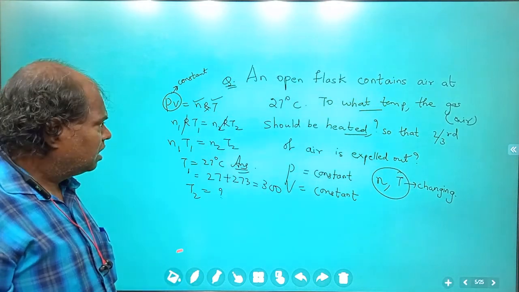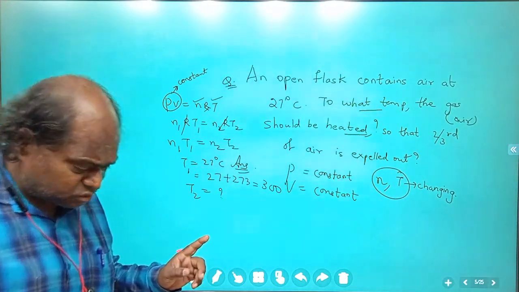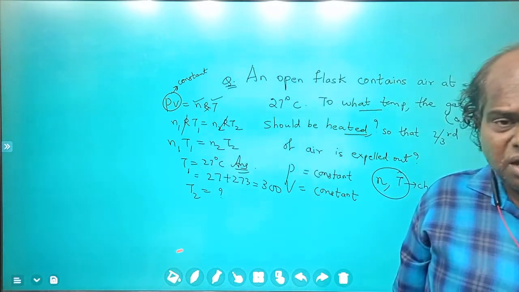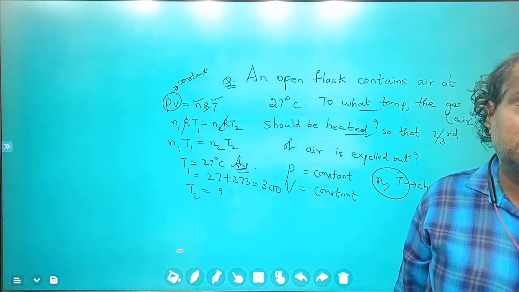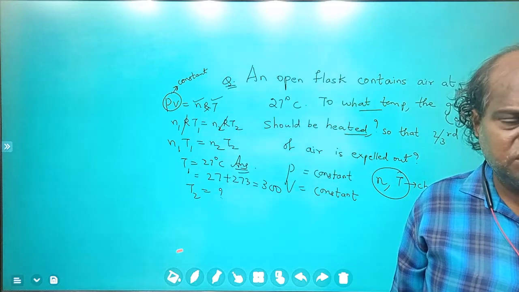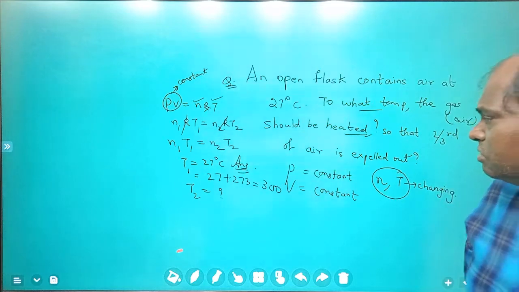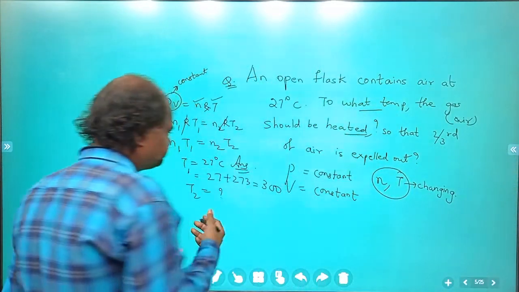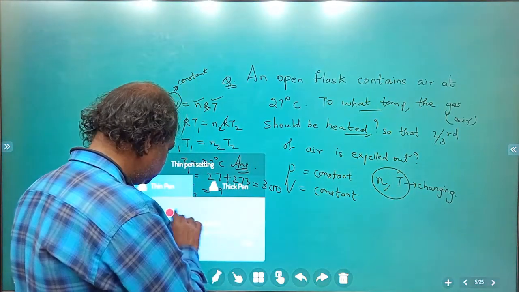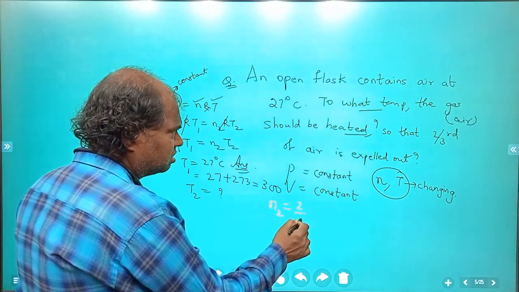T2 you don't know. Again I repeat, N1, N2 is changing. Now what is two-third? Now this is very interesting, students. Two-third of the gas is expelled out. That means how much is remaining? One-third is remaining. Are you clear? Two-third comes out. So one-third is remaining. So I can say N2 is equal to, two-third gone.